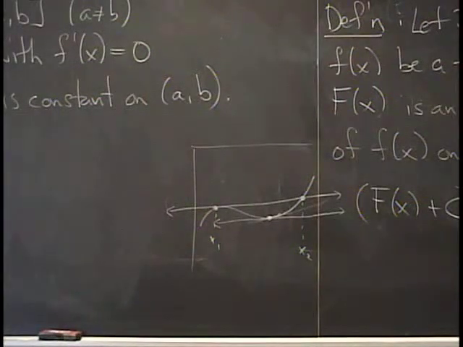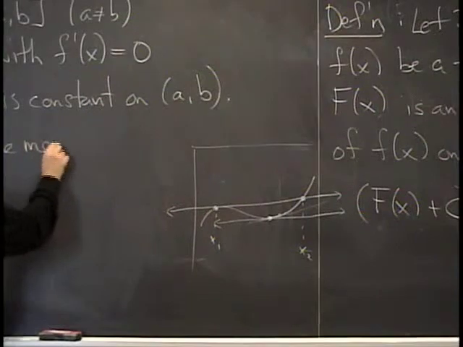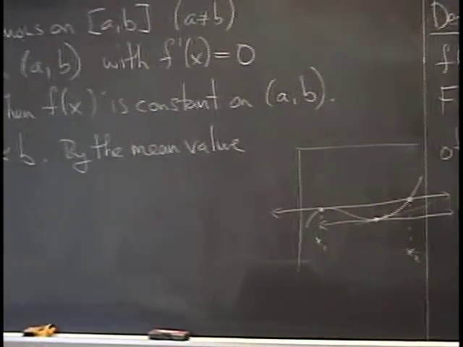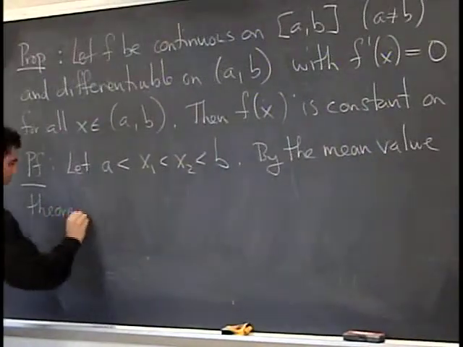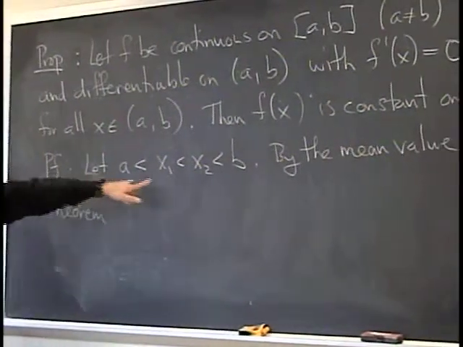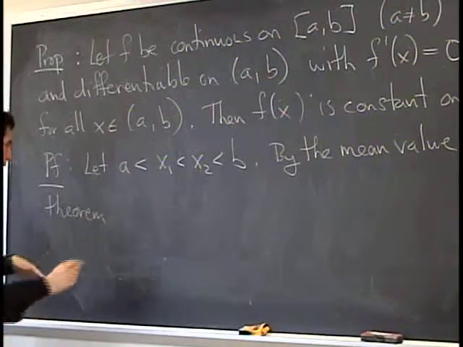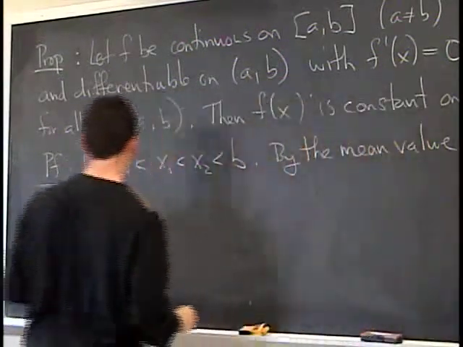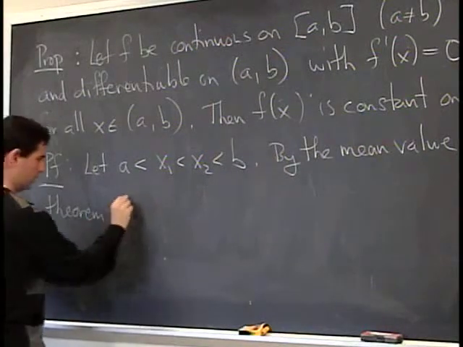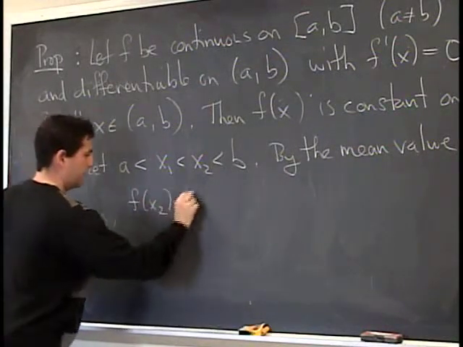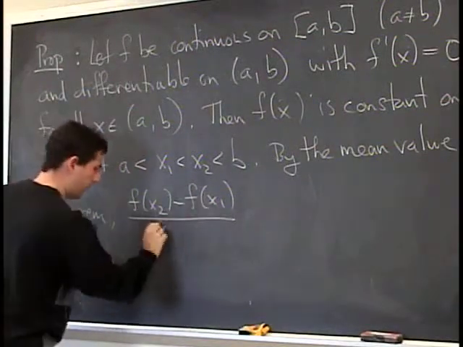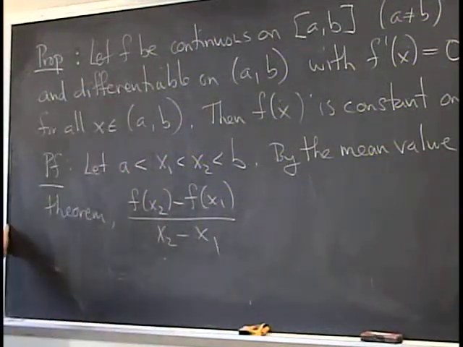So, by the mean value theorem, take our points x1 and x2. If you want to know the slope of this line, it's just f of x2 minus f of x1 over x2 minus x1, that's y2 minus y1 over x2 minus x1.